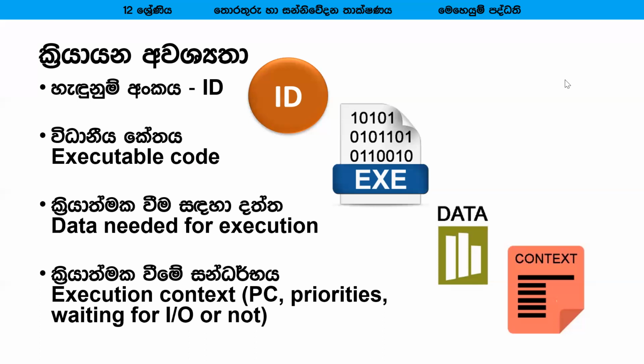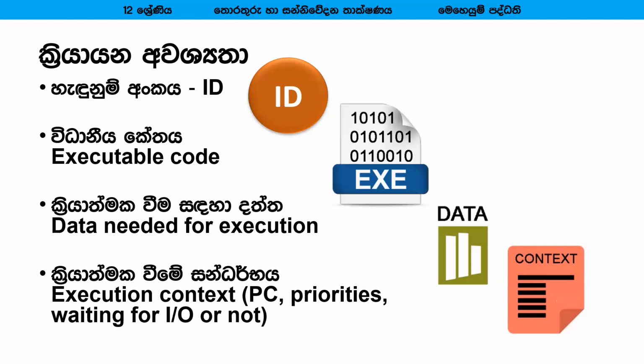Each and every process needs executable code, otherwise there is no point of having a process. A program, as we will learn later, is something we have written to be understood by the computer. So there should be some executable code, which means a thing made out of ones and zeros, so that the process will be able to execute that.